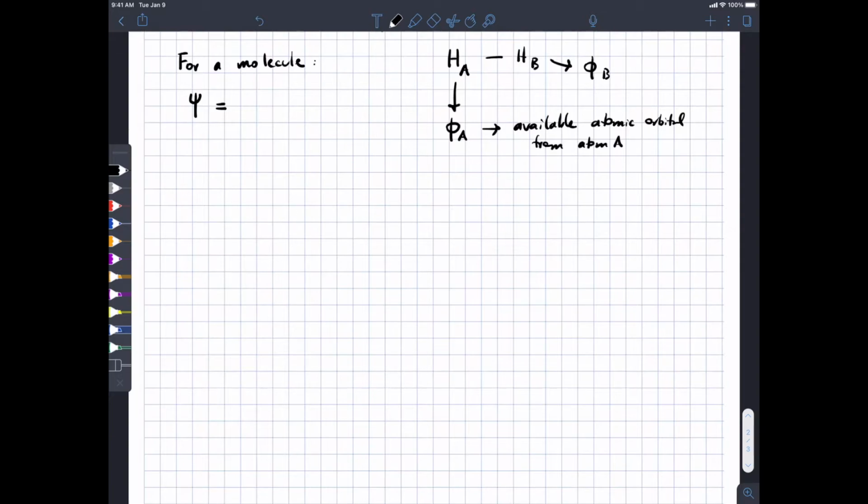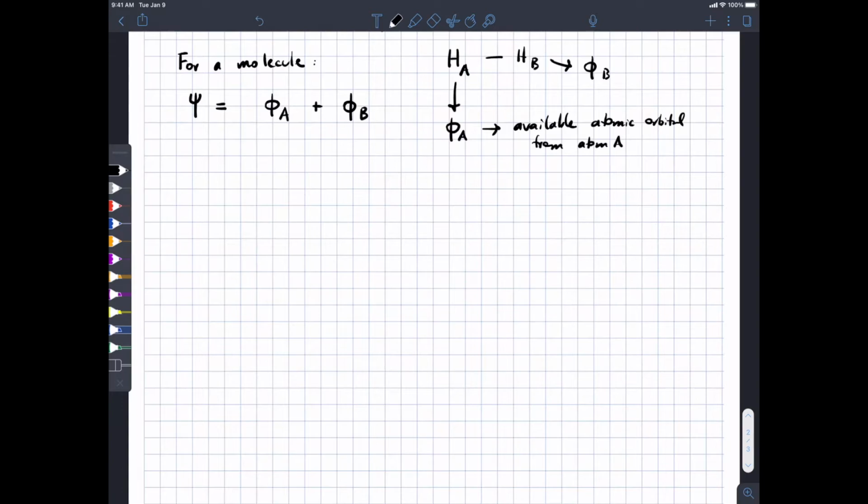We're keeping things simple. The only thing that comes with hydrogen is the 1s orbital in the ground state. So to generate orbitals for a molecule, we're going to do what's called a linear combination of atomic orbitals.